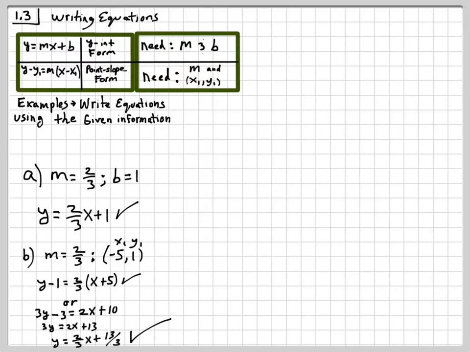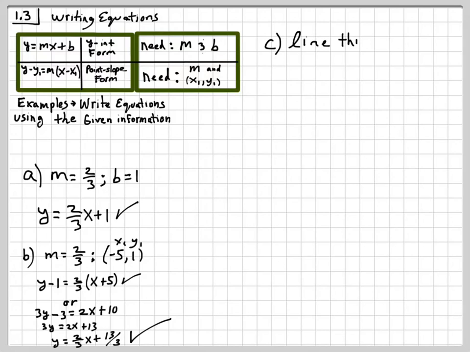What I like to do is multiply by 3 both sides of the equal sign, and get 3y - 3 on the left side, and on the right side, when I multiply by 3, the 3's cancel out, leaving just the 2. Then I distribute the 2, and I get 2x + 10. From there, we just solve for y. We add 3 to both sides, and then we divide by 3. And we get our final equation: y = 2/3 x + 13/3.